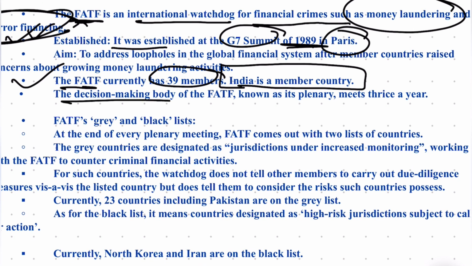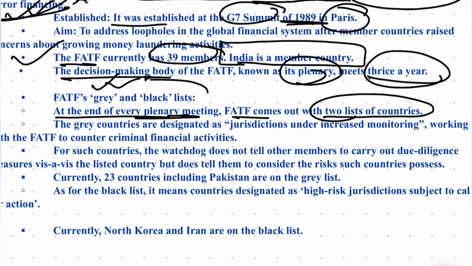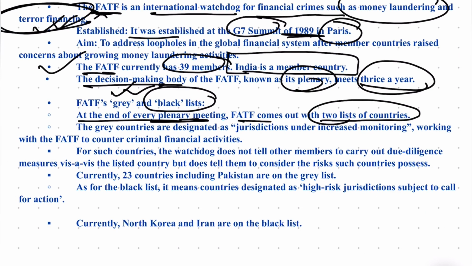The decision-making body of FATF, known as the plenary, meets thrice every year. At the end of every plenary meeting, FATF comes out with two lists of countries. The first is the grey list and the second is the blacklist. Countries on the grey list are designated as jurisdictions under increased monitoring, working with FATF to counter criminal financial activities.